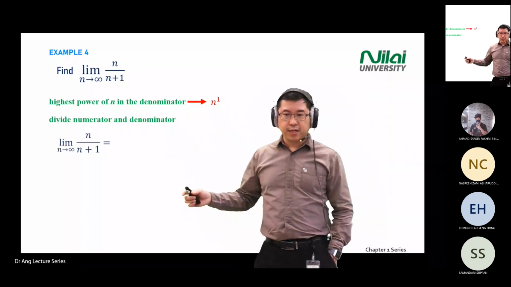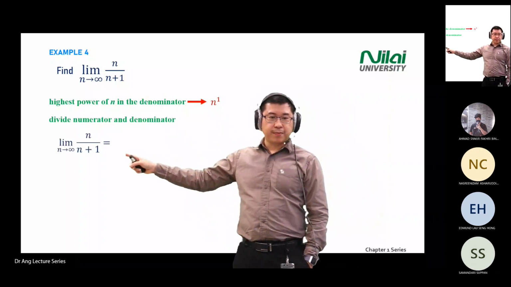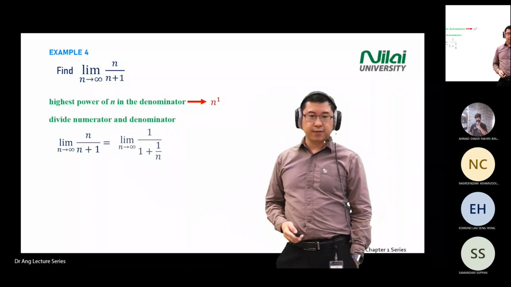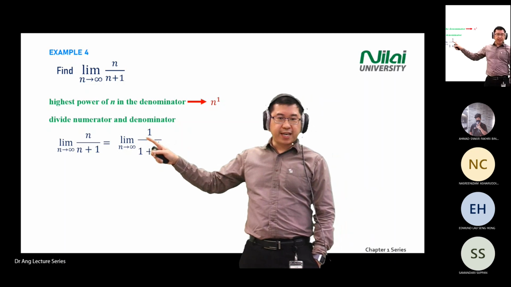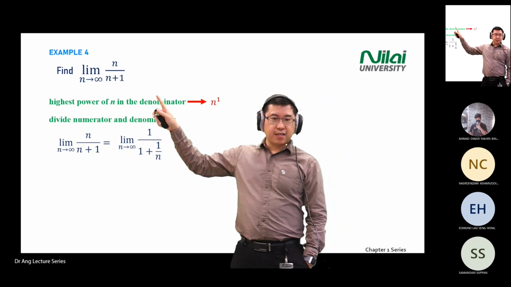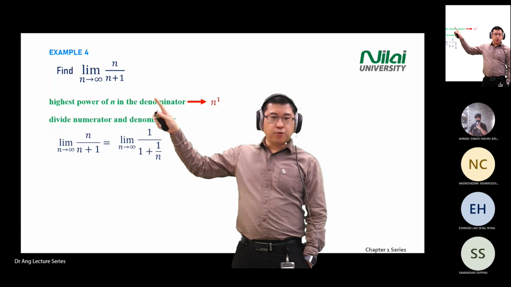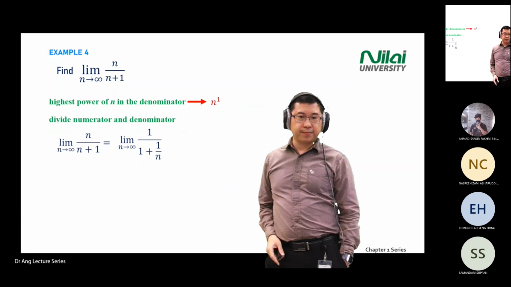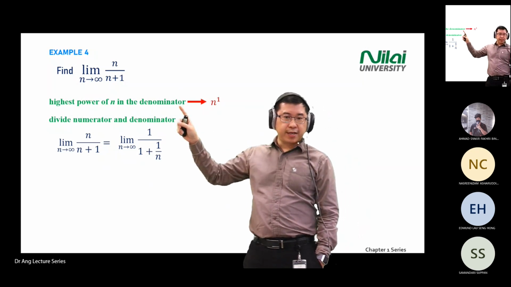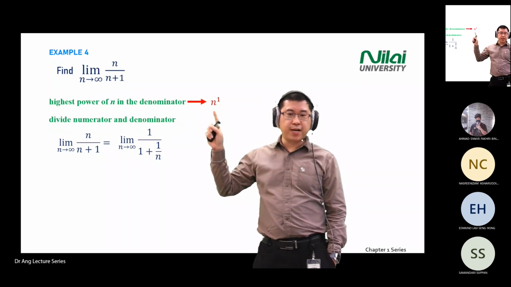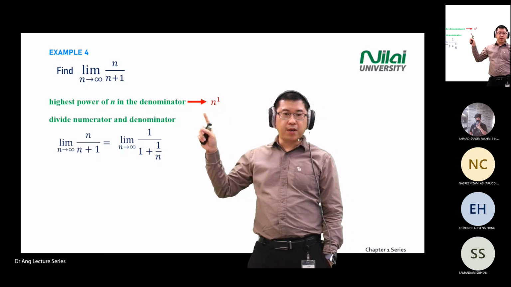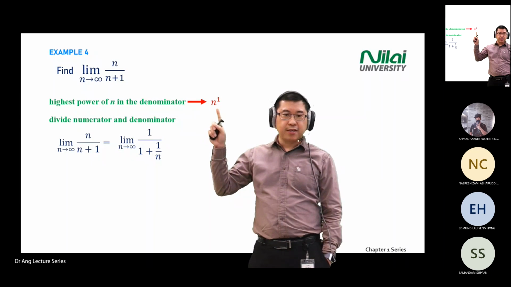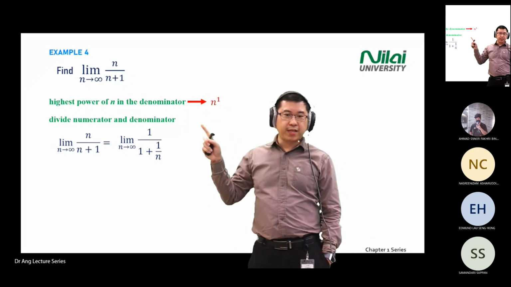So how do we do it? You rewrite the question, n divided by n plus 1, limit to infinity. You divide the numerator and denominator by n, because the first step is to find the maximum power of your n. In this case, you have n power 1. If you had n power 2, then you would divide the whole equation by n power 2.